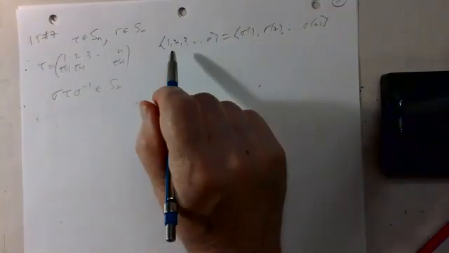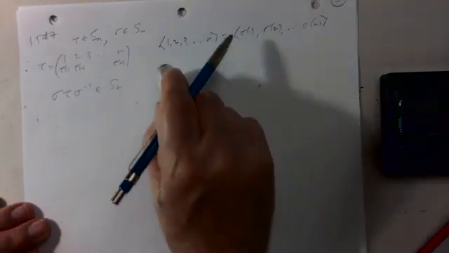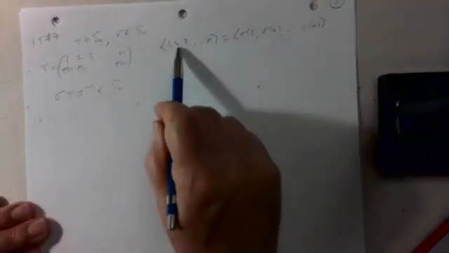It just rearranges the numbers, but a set doesn't have an ordering. A set is just a set of its elements. So every integer can be written in this form.